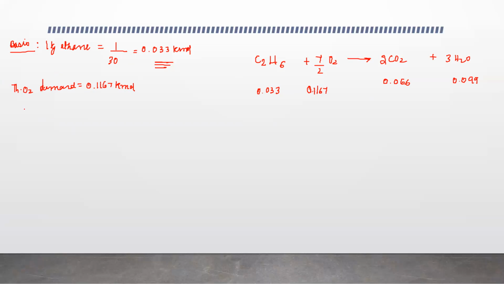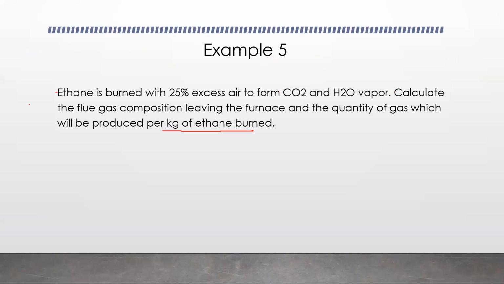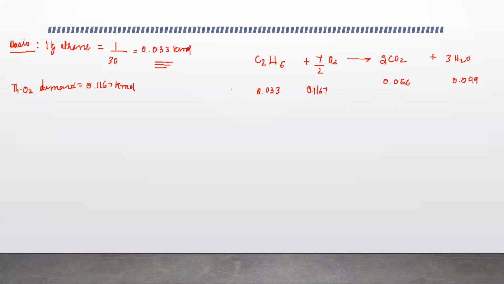Once we have the theoretical oxygen demand, we can get the other quantities. It is given that 25% excess air is there. So oxygen supplied is 0.1167 into 1 plus 25 by 100, that is 1.25. This is the oxygen supplied, so that is 0.146 kilomole.